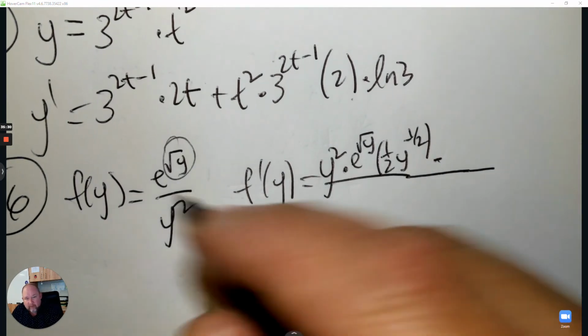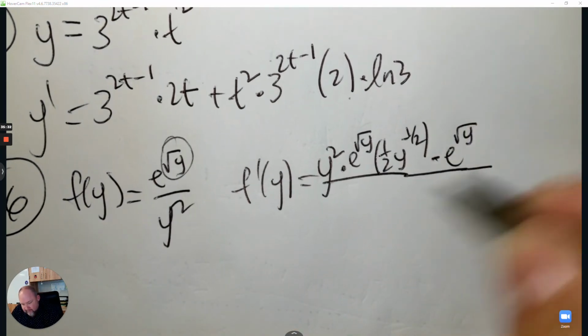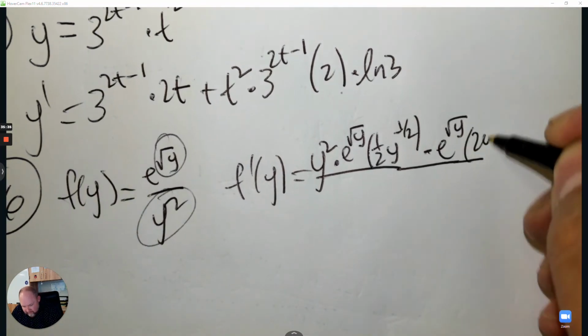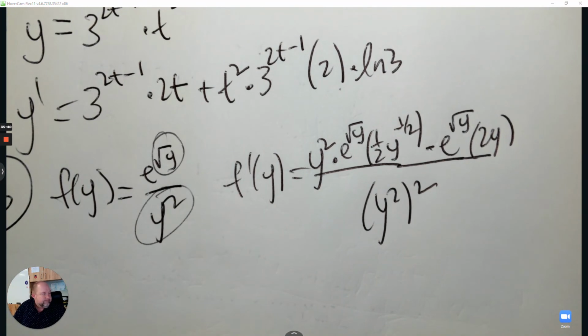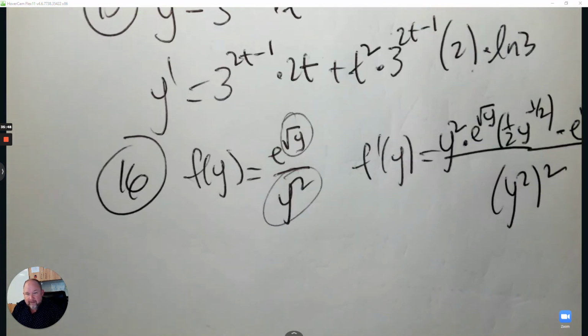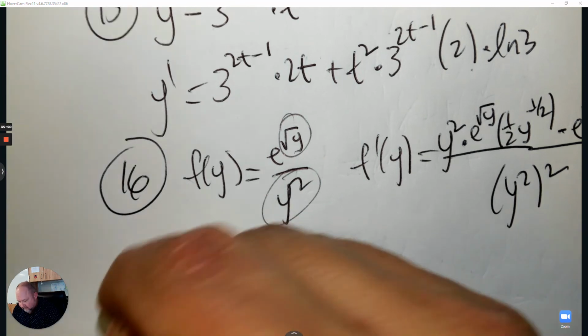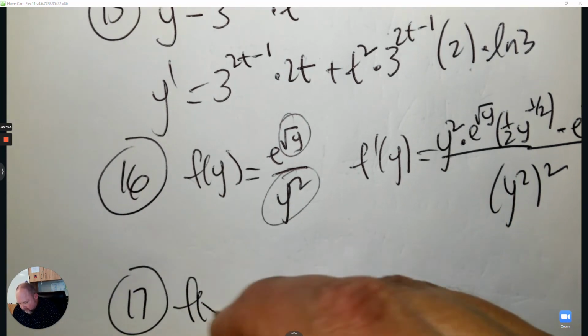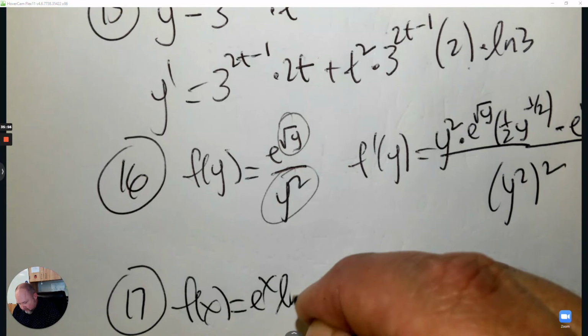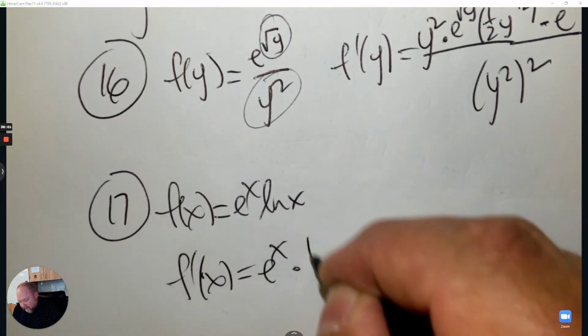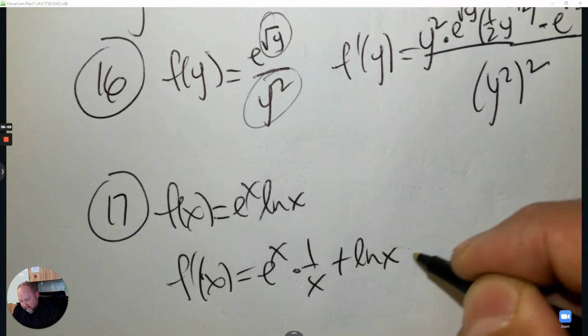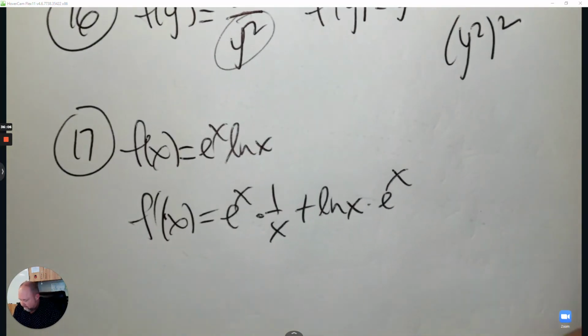Subtract the top times the derivative of the bottom, and then the bottom squared. Next, 17. The derivative here, the product rule: the first times the derivative of the second plus the second times the derivative of the first. Done.